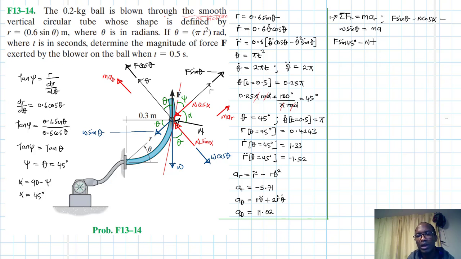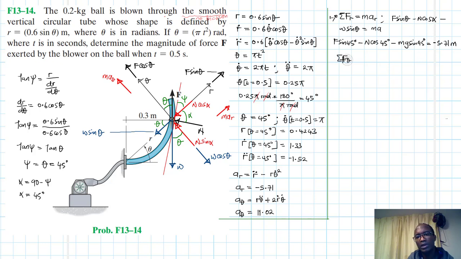So this just becomes cos 45 minus mg sine 45 equal to m by ar, so minus 5.71 m. So that's one equation. Let's work out the other equation.